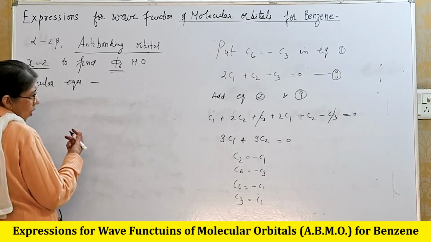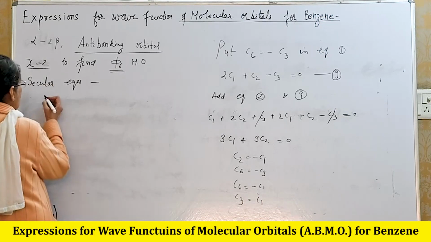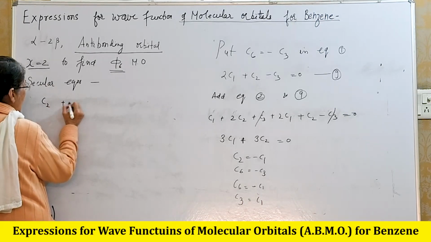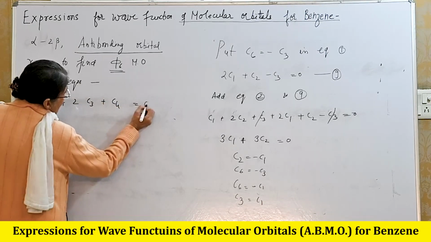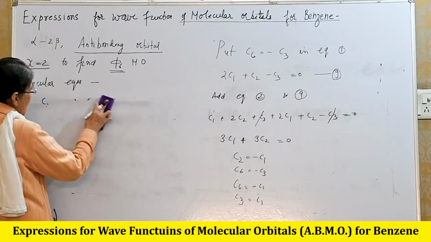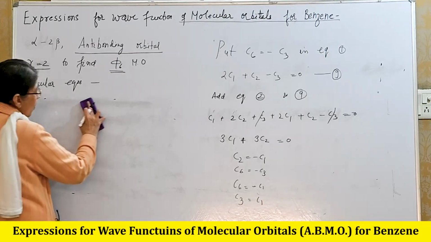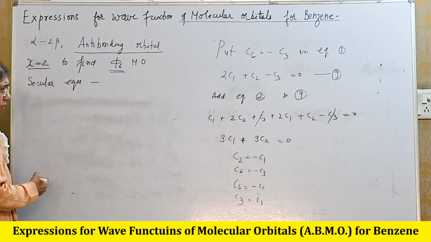Equation 4 is C2 plus 2C3 plus C4 is equal to 0.